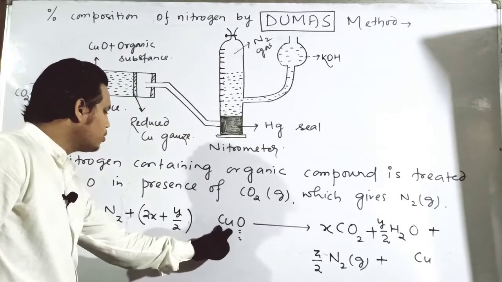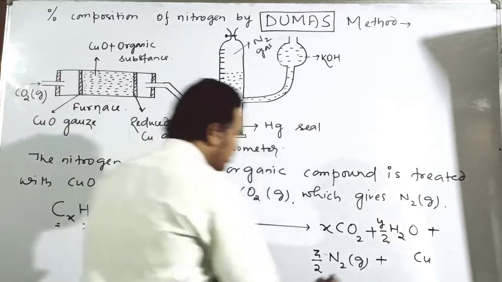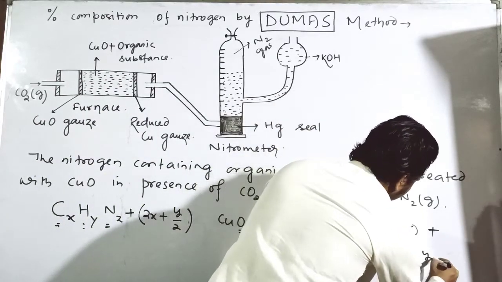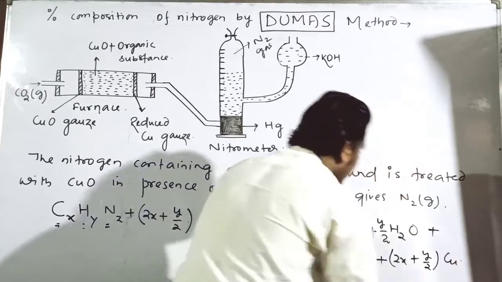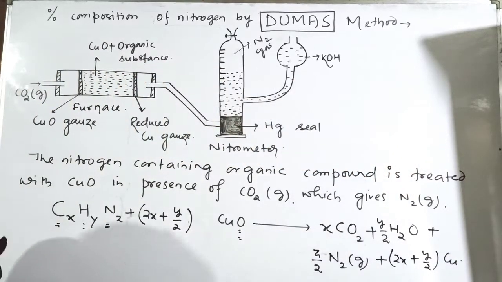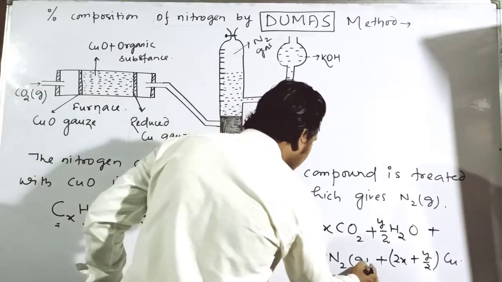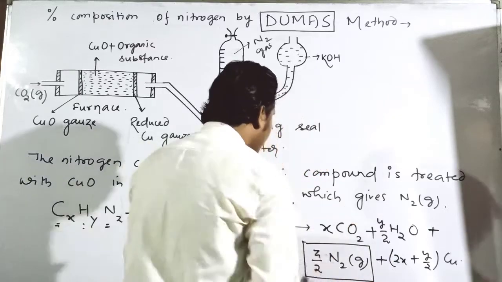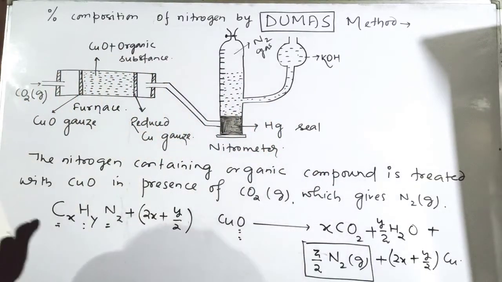So how many copper will be there? This one only: 2x plus y by 2 is copper. So this is the balancing part. Here we only need the percentage composition of nitrogen, that is, we require only nitrogen gas.